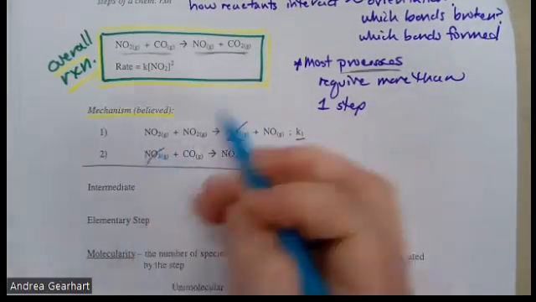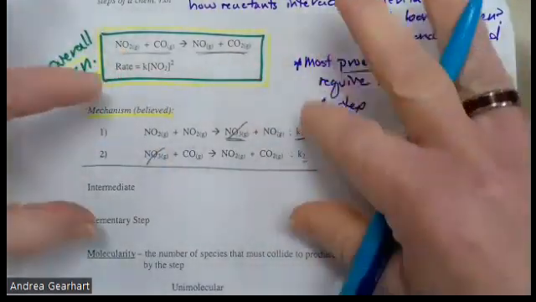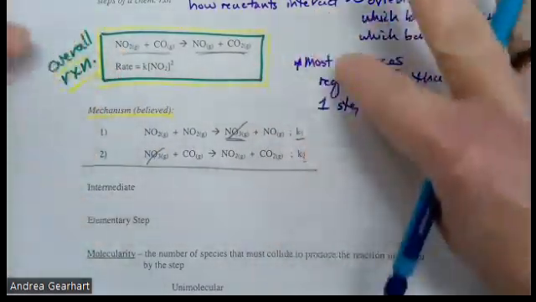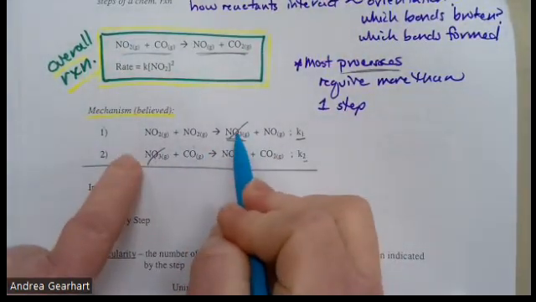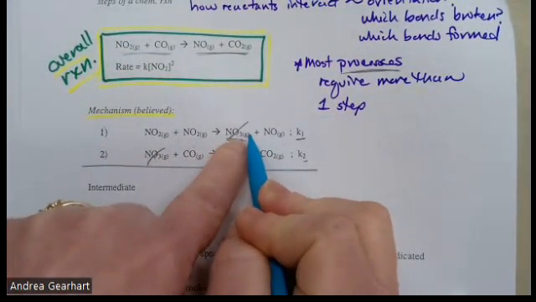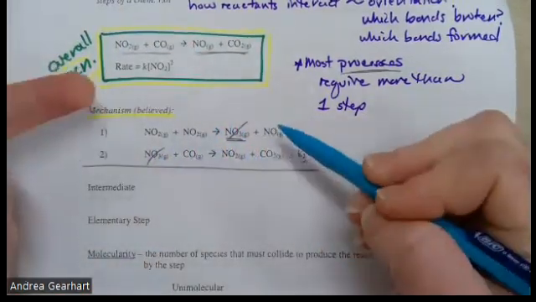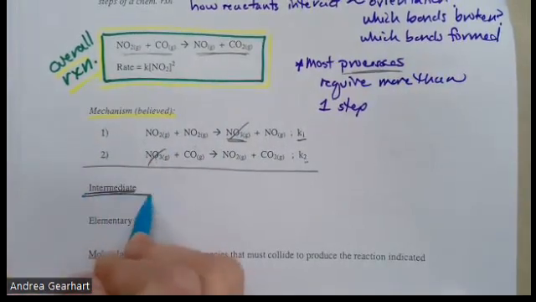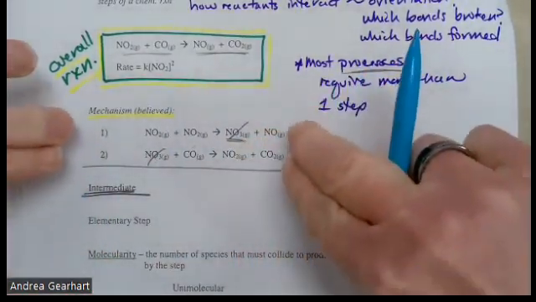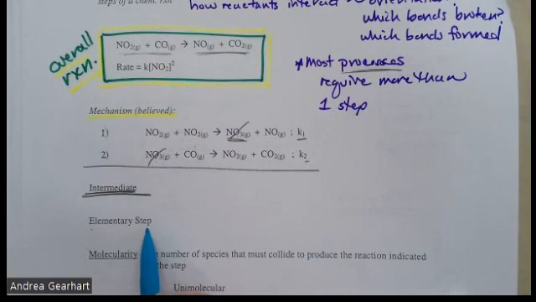So it is not going to show; the elementary steps add to yield the overall reaction. This species that is produced and then reacted and does not show in the overall reaction is called an intermediate. Mechanisms have at least two elementary steps, but they can have many.